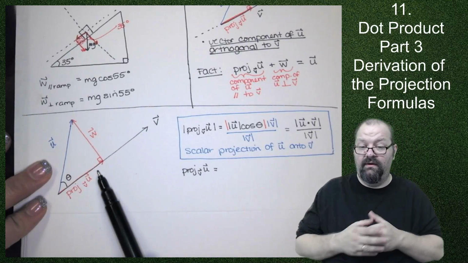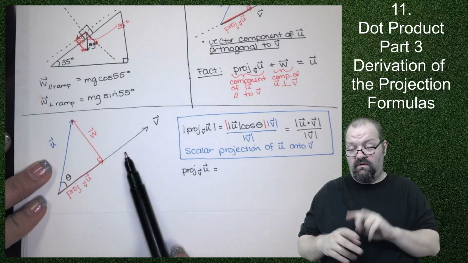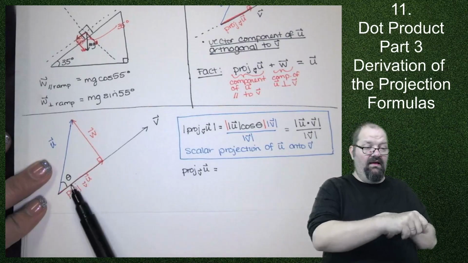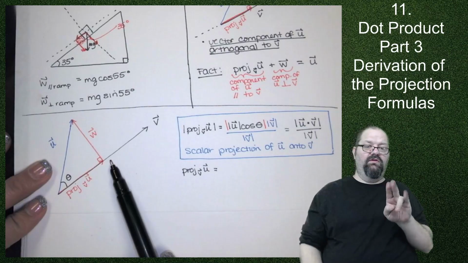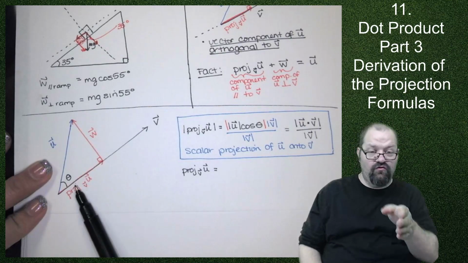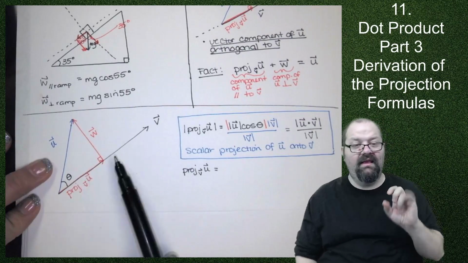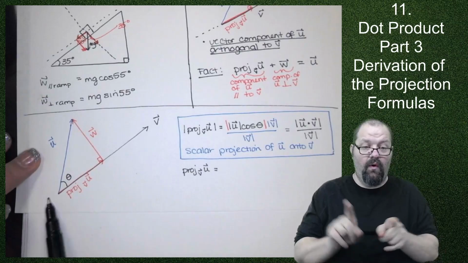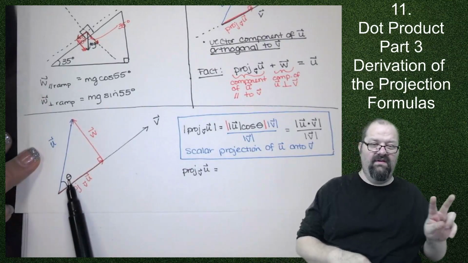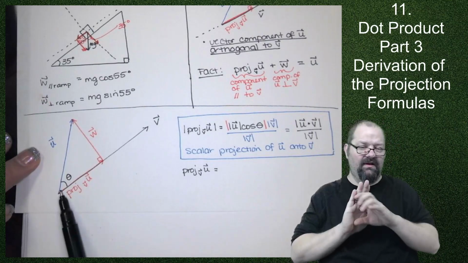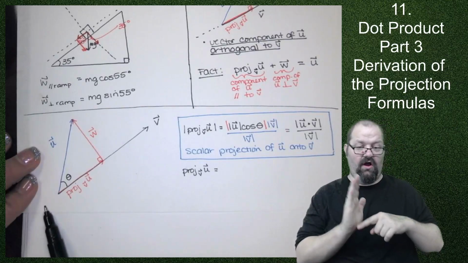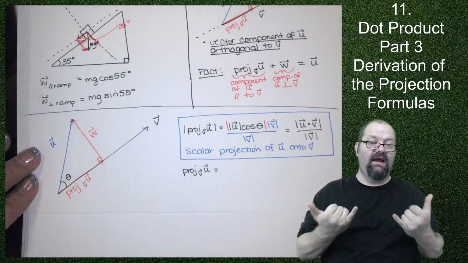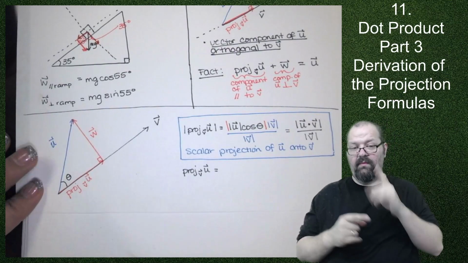If the projection and the vector v are pointed in the same direction, I just take the length and multiply by the unit vector in that direction. If the projection and v are pointed in opposite directions, maybe because our u is over here, where theta is obtuse, and so our projection is on this side, then the projection and v are going to be in opposite directions rather than in the same direction.